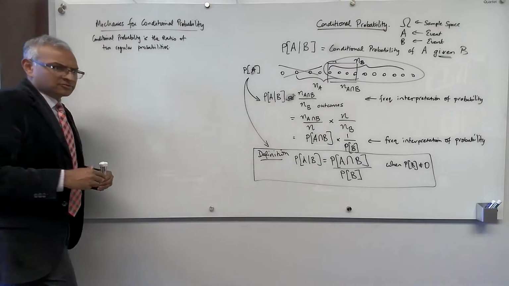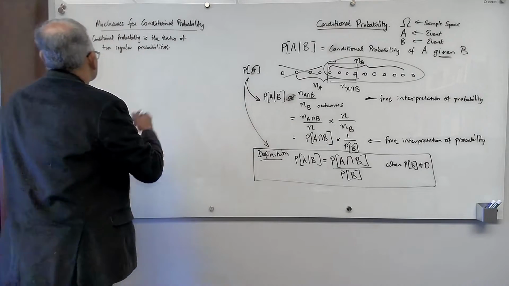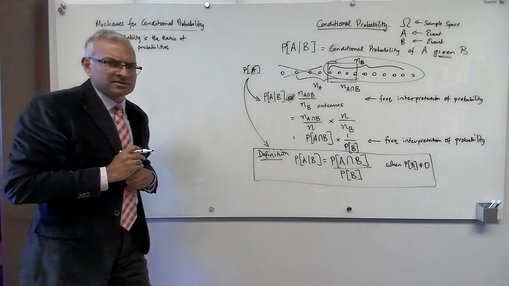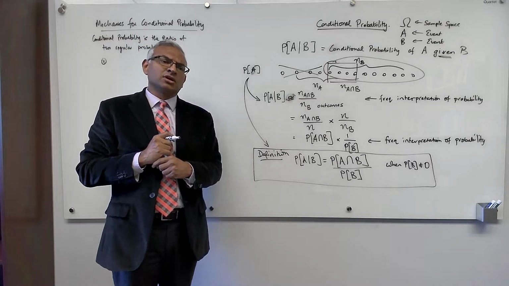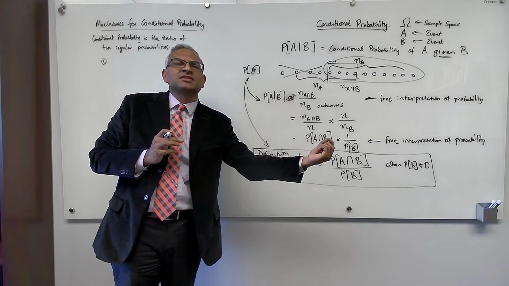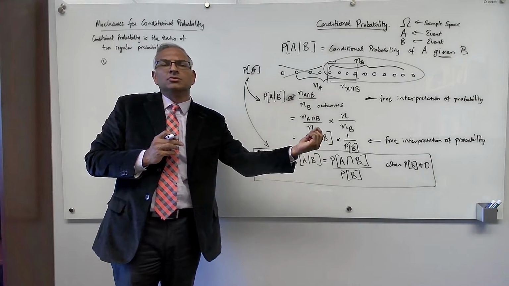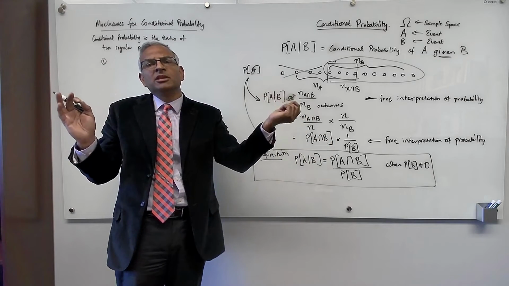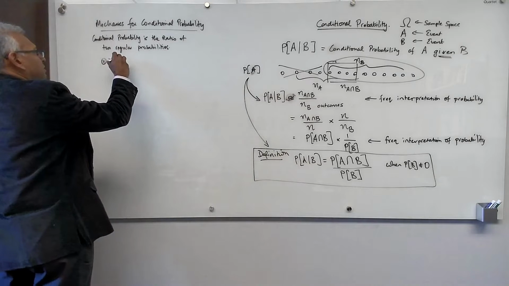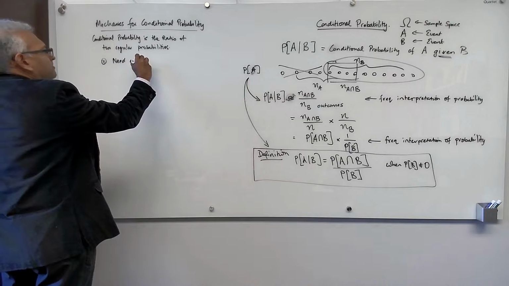Here's sort of a cheat sheet, a workflow. The first thing you need to understand is that you're being asked to compute a probability and you're being given some side information. You need to realize that conditional probability is relevant.